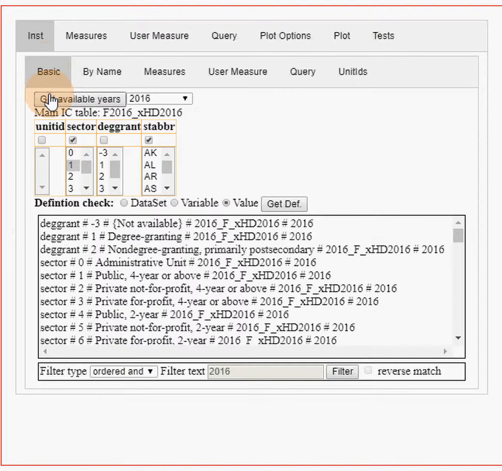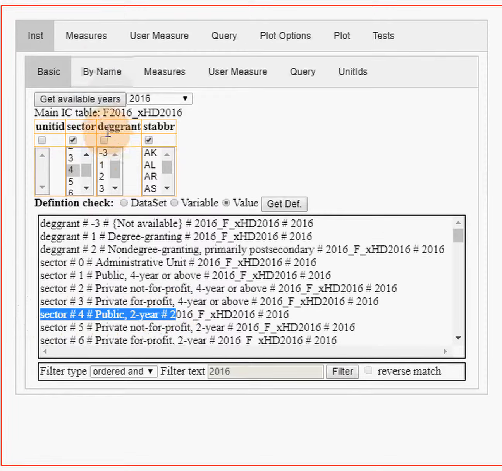Let's start with the institutions and the basic tabs. One thing I changed is that for the sectors I now select 1 and 4. Sector 1 is public four-year, and sector 4 is public two-year.